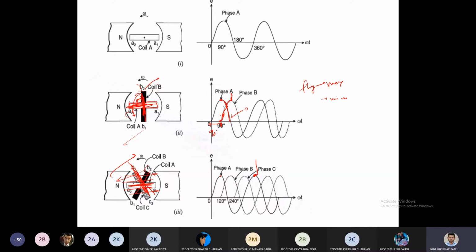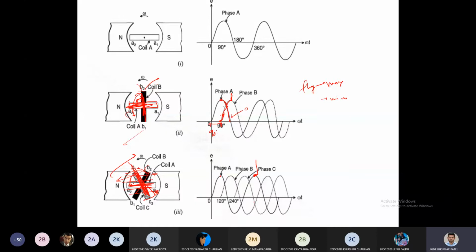Why? Because right now this coil is positioned like this and I am rotating in this direction, but the other coil is moving like this. So it is going towards the N pole, and this C1 is again going on this side, but it is going at the maximum point. So at the same time, the flux linkages would be the same, but different in direction.